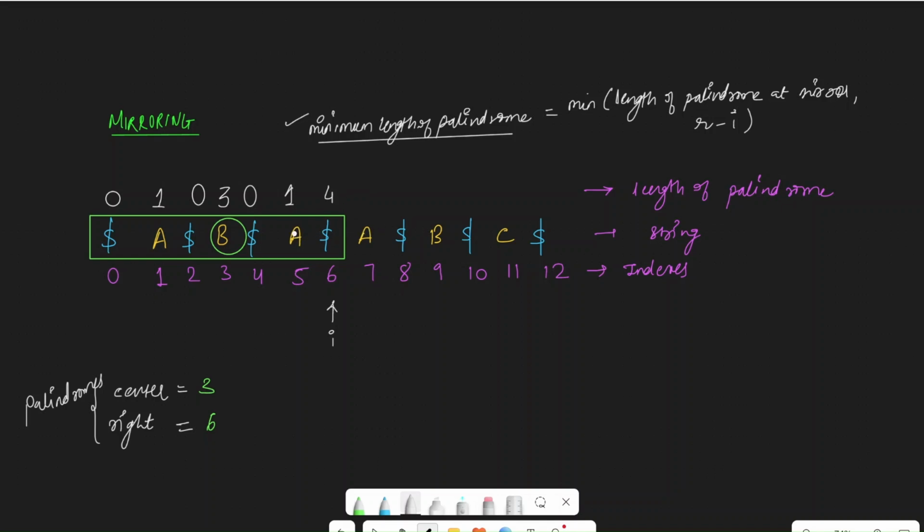4 to the left, 1, 2, 3, 4 here, and 4 to the right, 1, 2, 3, 4 here. So this position 10 would be the right boundary. Now let me change our palindrome, because the right boundary of the current palindrome is 10, and the right boundary of the old palindrome is 6. 10 is greater than 6. So our newest palindrome has a boundary greater than the old one. So we have to move it. So let's do that quickly.